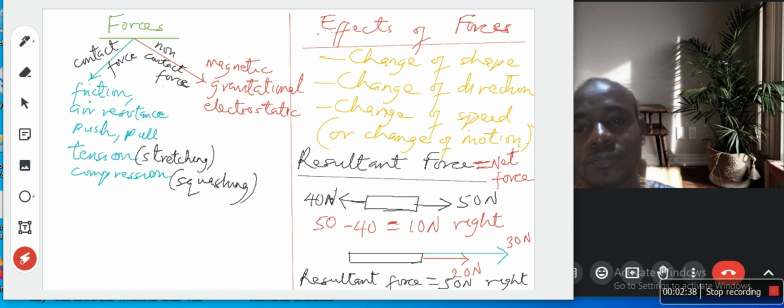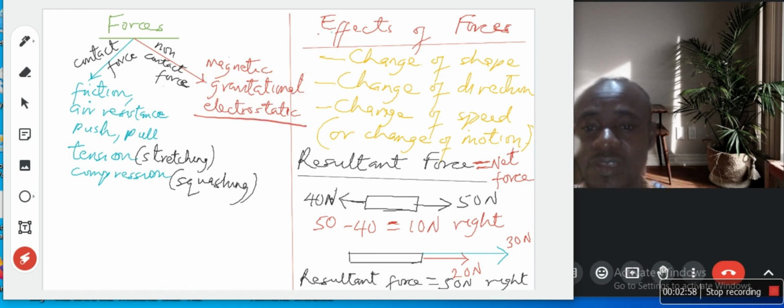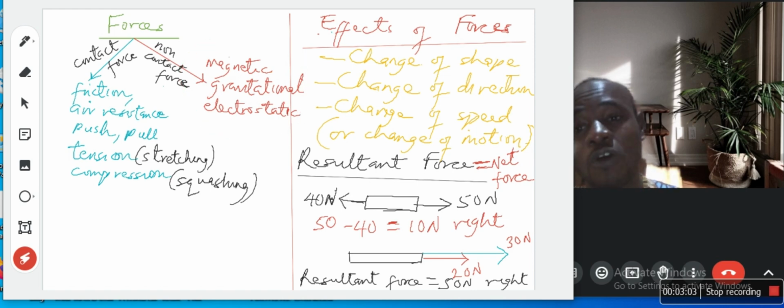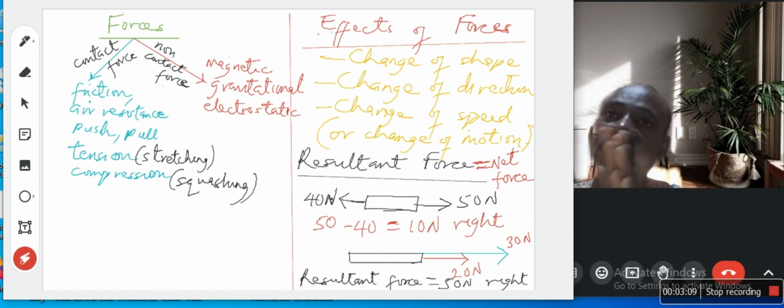Gravitational force, magnetic force, electrostatic force are non-contact forces. They are also called field forces because they don't require objects to actually make contact.